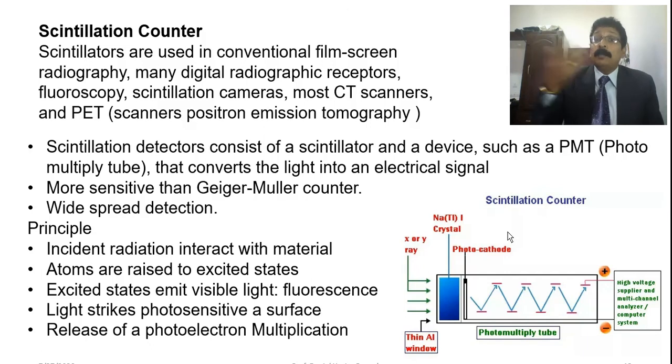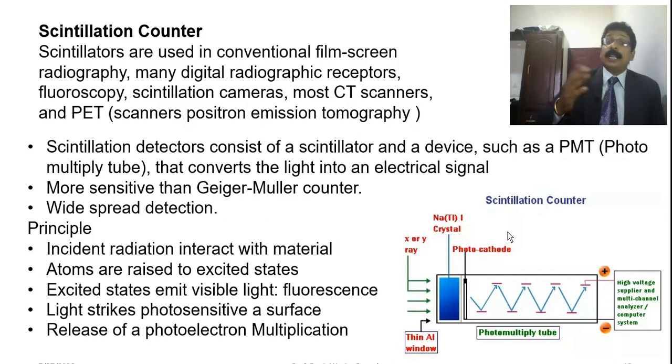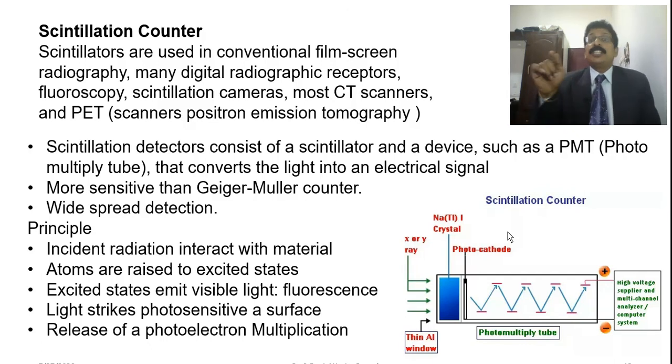One electron can be multiplied into many electrons, as only one cathode is present and many anode plates are present inside. That is why it is called a photomultiplier tube, which is present in the scintillation counter.